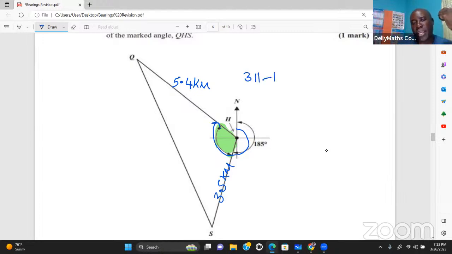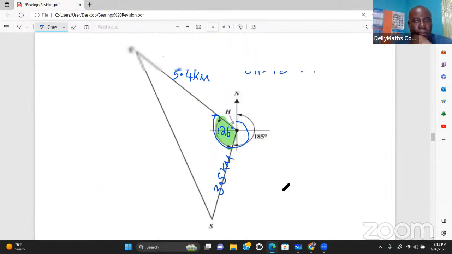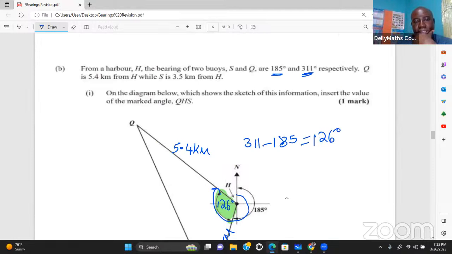If I take out 185 from it, the remainder will be the green angle. You notice we have done quite a number of questions where they expect us to work this out. So this is 126 degrees here. So that's what they're asking, right? It's 126 degrees.